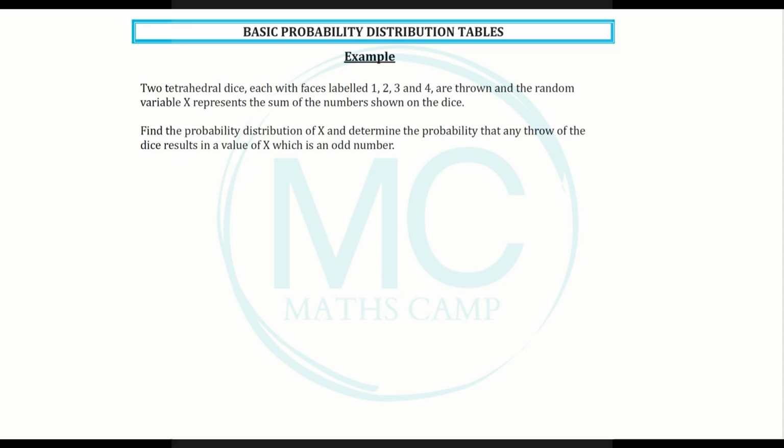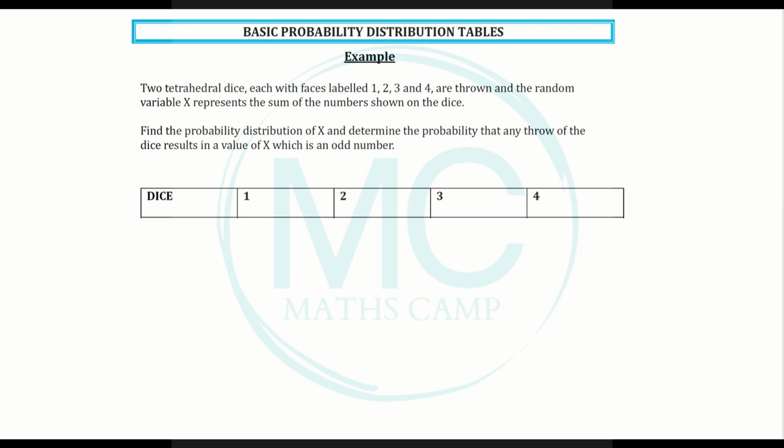So we know that each dice is labeled with faces 1, 2, 3, and 4. So let's say faces on dice 1 and the faces on dice 2.